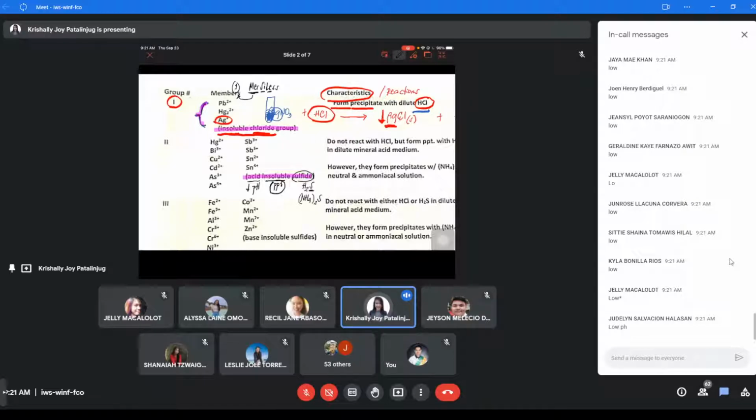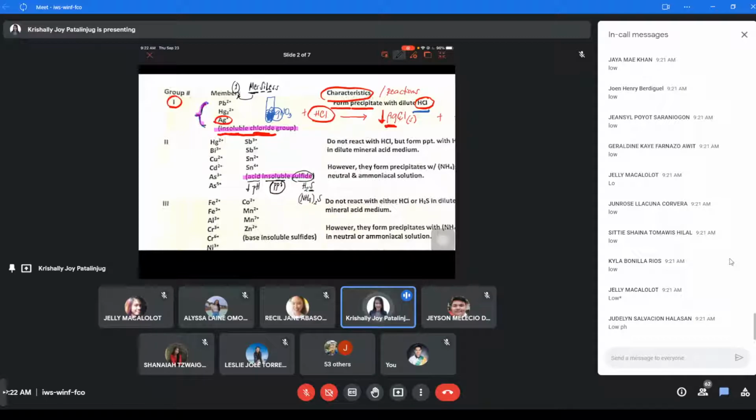As long as may sulfide, these are the two most common na precipitating sulfides for this group of cations. So always remember, group 2 cations, sila yung acid insoluble sulfide. They form a precipitate in the presence of a sulfide at an acidic environment.